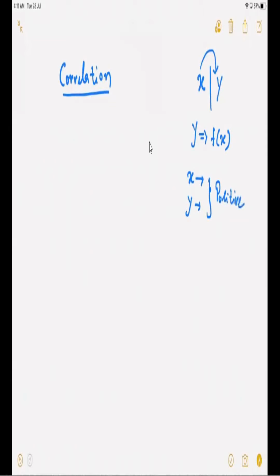That means for every positive value of x, I get one positive value of y. It can also be possible that there is no correlation between x and y. The values are completely independent and probably they don't have any significant relation among themselves.